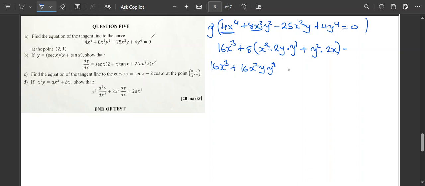Very important, this prime. Then plus, here we have 2y squared x. Hope that is clear. I'm supposed to multiply the 8 throughout by everything, so that will be just 16.